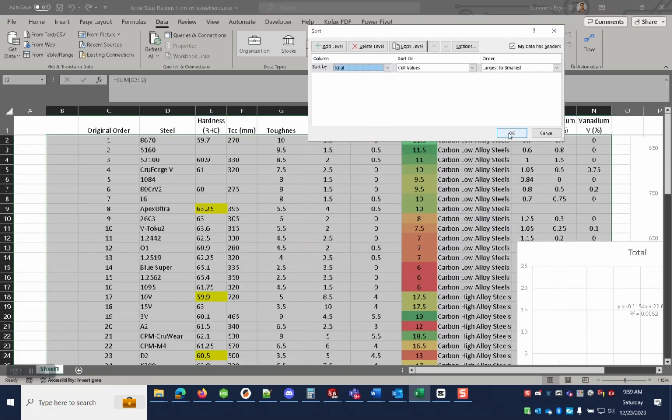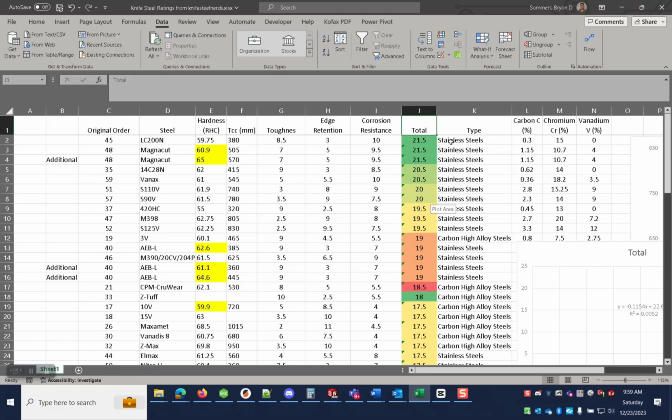Sort this one more time, including corrosion and stainless, because that's what I care about. Yeah, 14C28N with low edge retention somehow jumps up in there, that high corrosion. And S90V and S110V are right behind. 420HC, somehow it's there too.